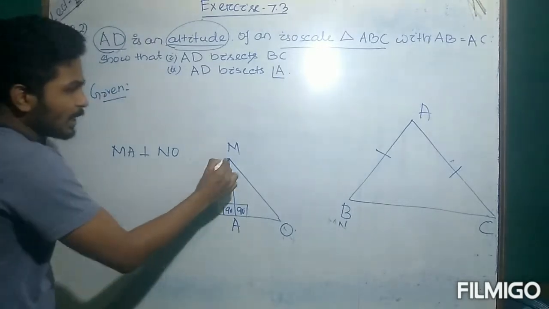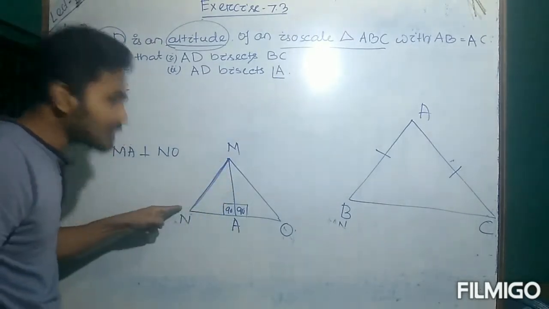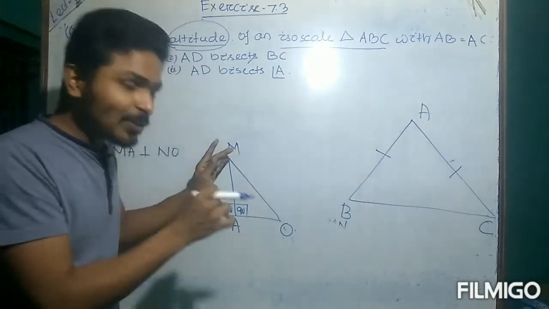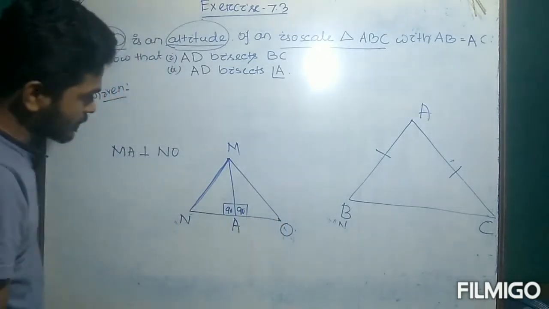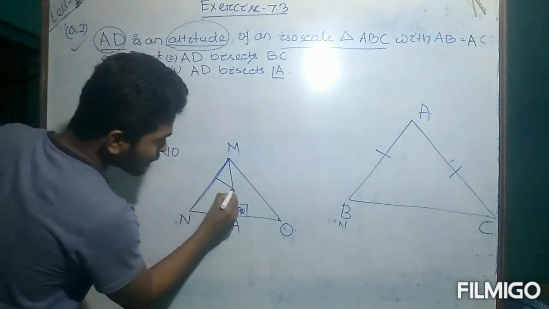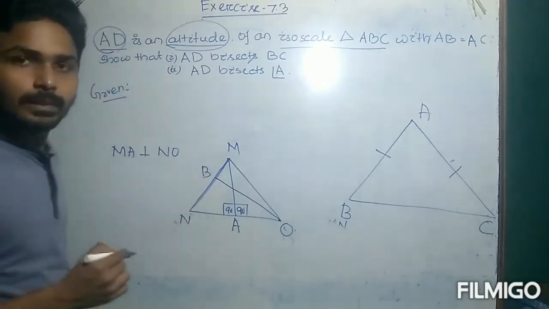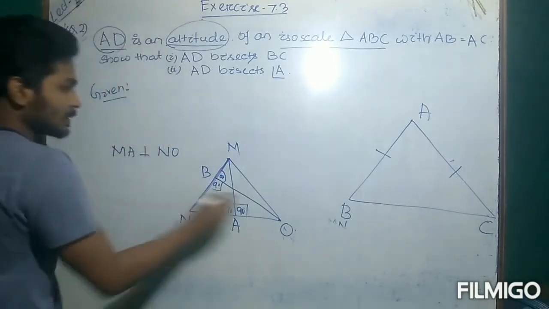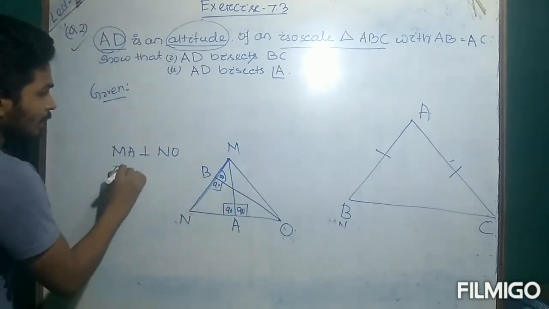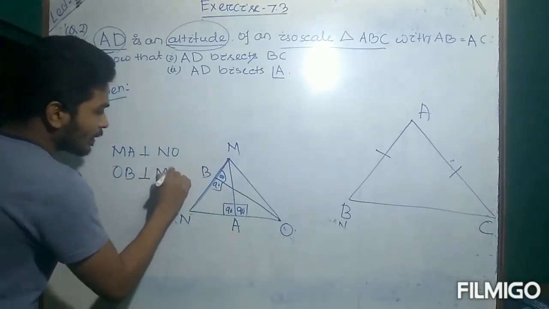Similarly, if we want to draw a perpendicular on this side, MN, then we have to start drawing the perpendicular line from its opposite vertex, that means O. Suppose this is the perpendicular line OB. This is 90 degrees. So OB is perpendicular on MN.